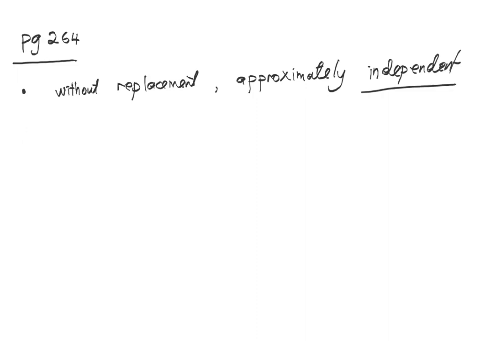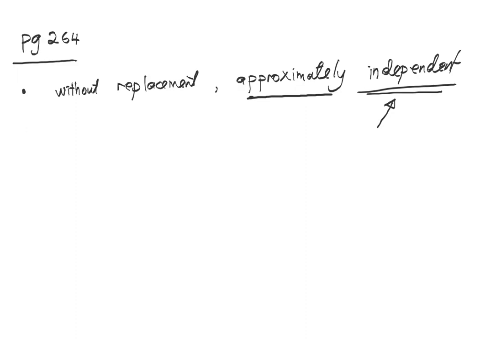So when you say independent, it means in statistics or in probability sense, that you have an equal chance to be selected. Then why do you say it has to be small? The reason is because if it's big, then the probability of being selected will become bigger and bigger.